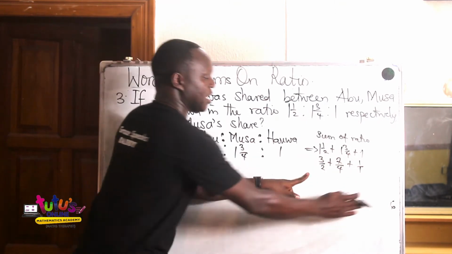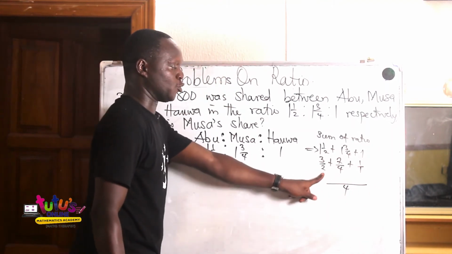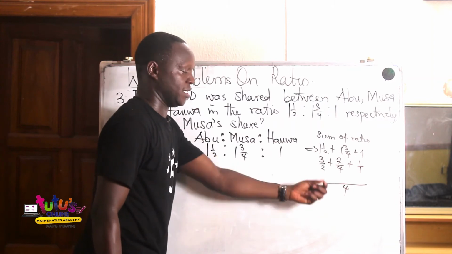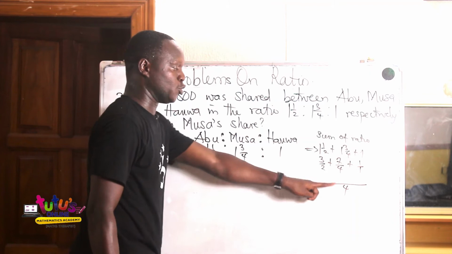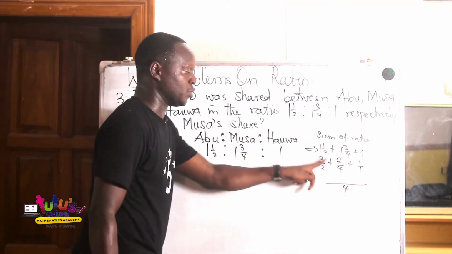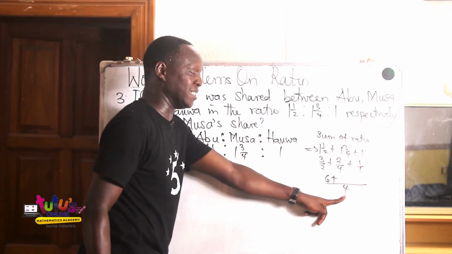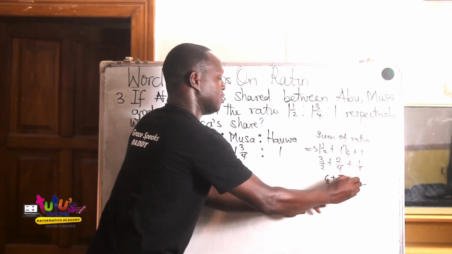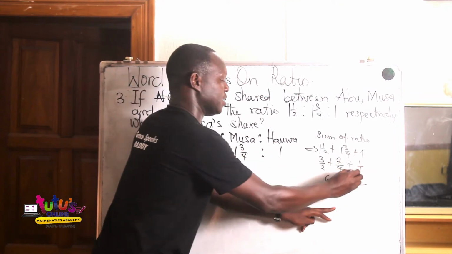Now find the LCM. Our LCM there is 4. The LCM of 2, 4, and 1 is 4. The smallest number which 2, 4, and 1 can divide is 4. So 2 into 4 gives us 2 times 3, 6, plus 4 into 4, 1 times 7, 7, plus 1 into 4, it's 4 times 1 gives us 4.